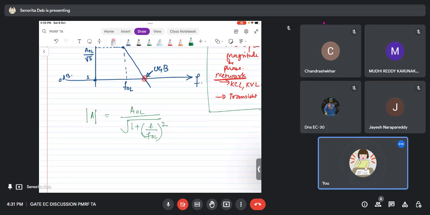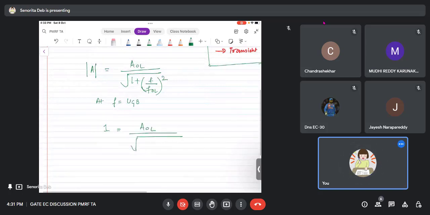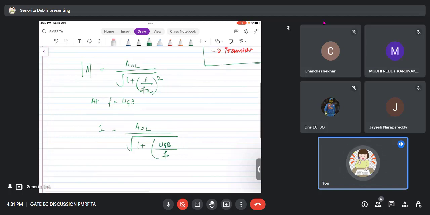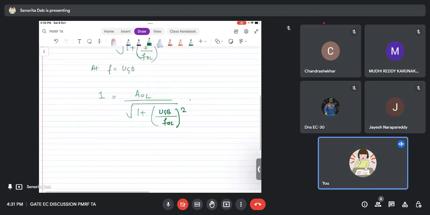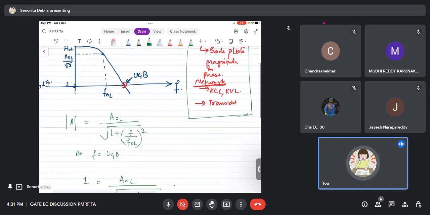And at F equals UGB, unity gain, 1 equals AOL upon under root 1 plus UGB by FOL whole square. And UGB is actually very much greater than FOL. In my diagram it might not appear so, but UGB is actually very far.